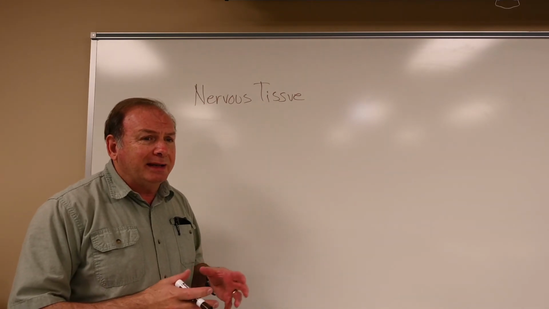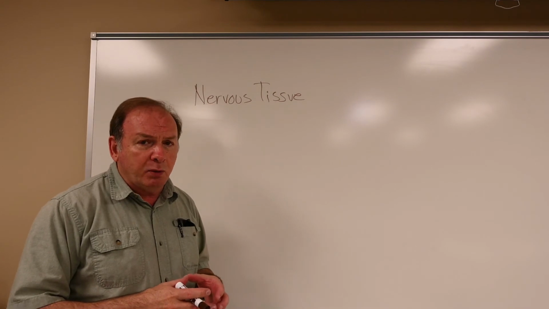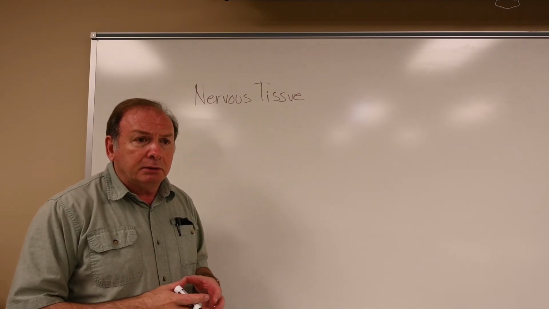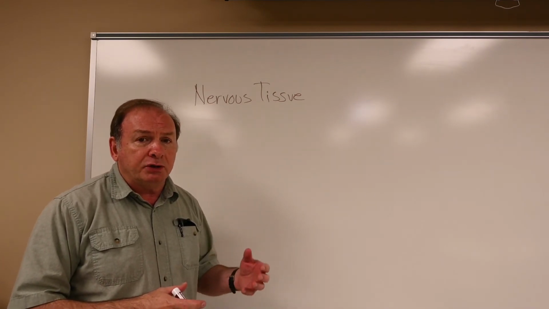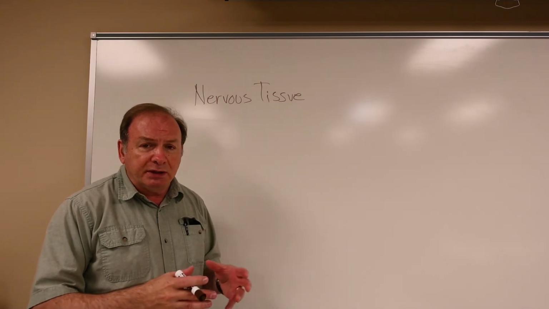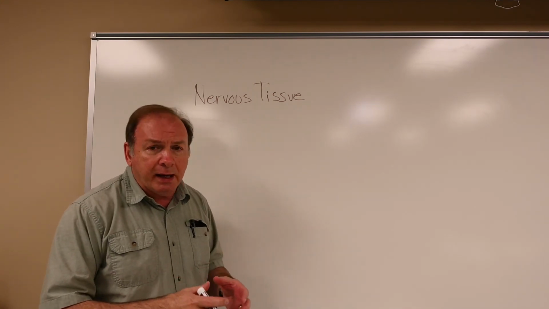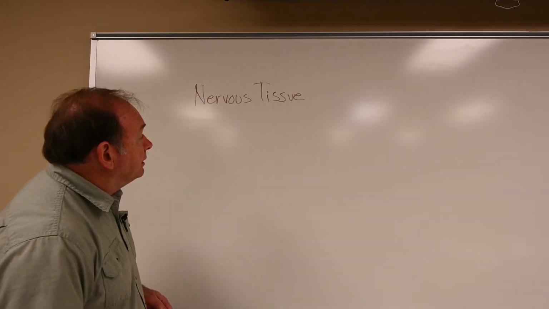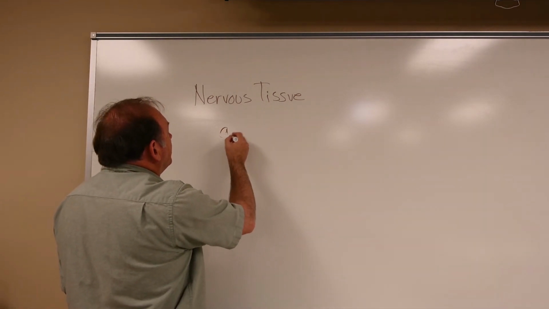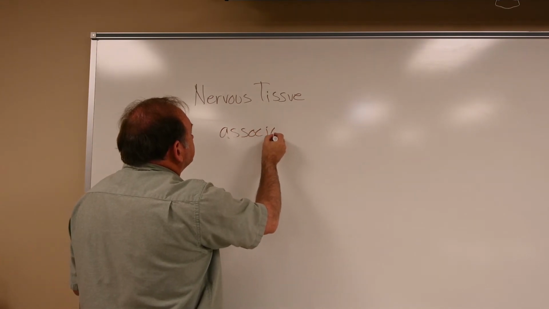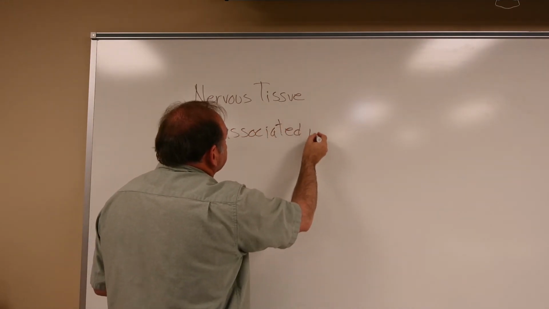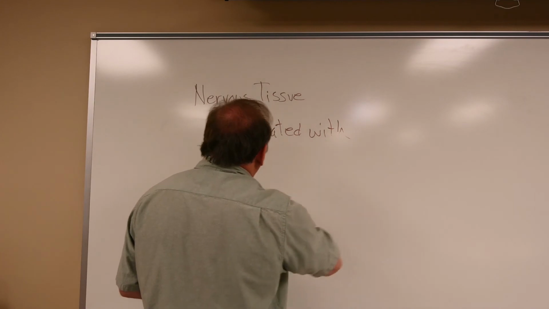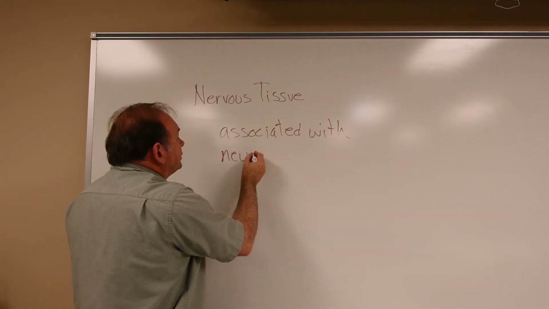We connect everything that is associated with the nervous impulse conduction in this category, so it's easy to define what is a nervous tissue, but it includes more than what you might think. So these are associated with neural impulse conduction.